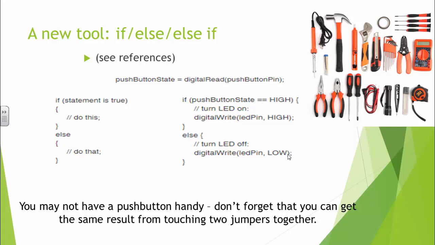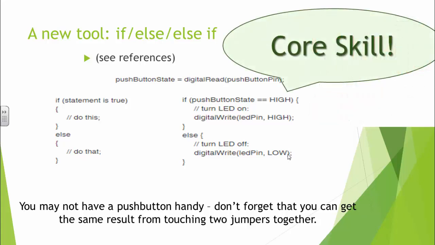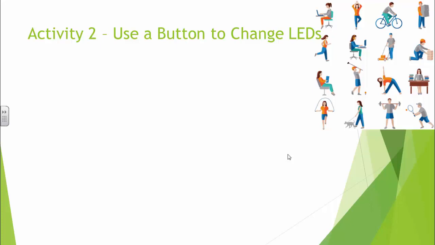Buttons are good for final implementations and completely unnecessary when we're doing code development. Okay, but these if-else statements, you've really got to learn how to use these because they're going to come in extremely handy in the weeks that follow.